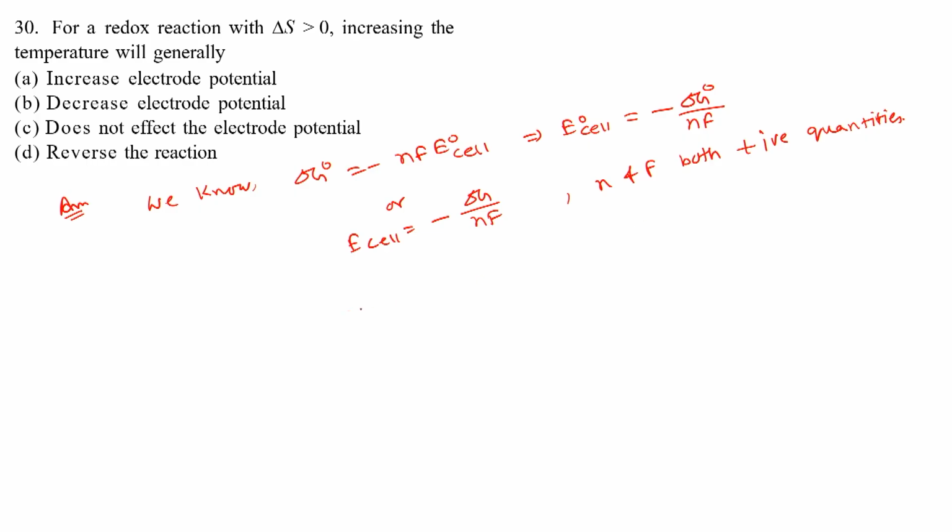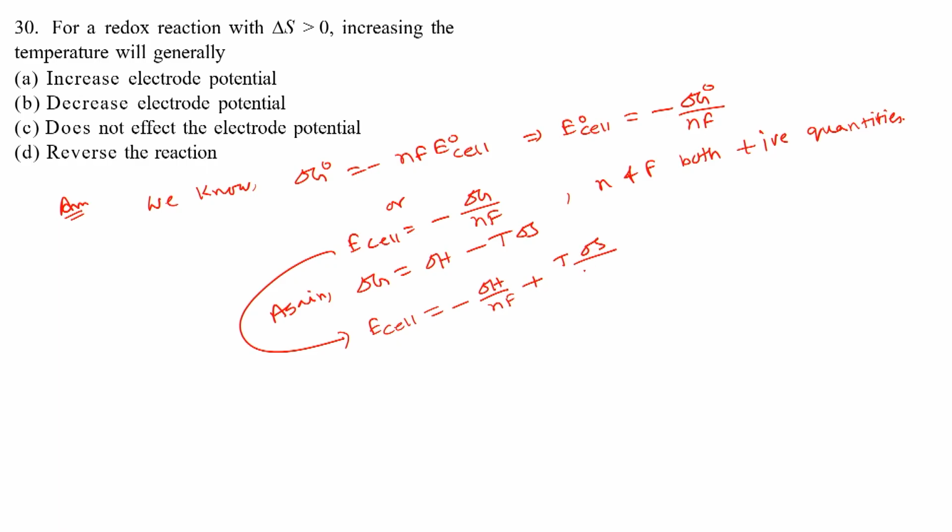Now again, delta G is delta H minus T delta S, right. So if we substitute this here, we get E cell will be minus delta H by nF plus T delta S by nF, right.